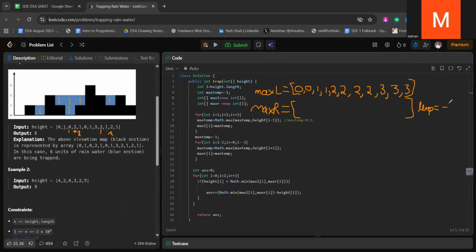Temp has -1, right? I declare this max temp as -1 for both of them, for the left array also and the max right array also. And I started iterating from here, this was already 0, right?